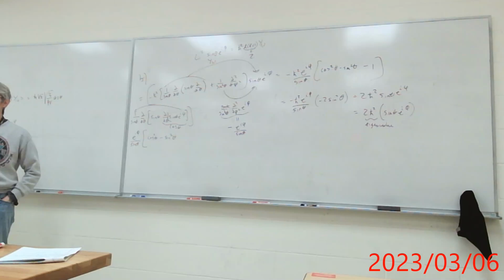And if the restoring force is linear, then the potential energy is quadratic. So if you're close enough to the minimum in energy, you can model it as harmonic. It's just from Taylor's theorem, that's all it is.